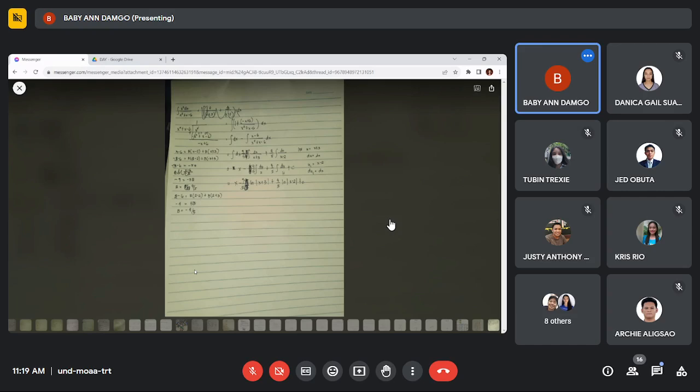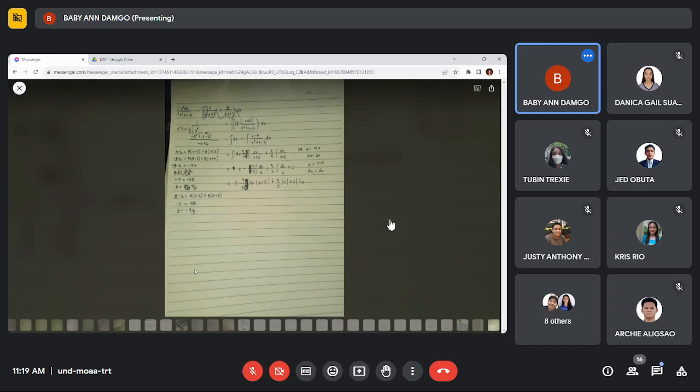So when x is equal to 2, para ma-zero niyang a, it implies that 2 minus 6 is equal to a times 2 minus 2 plus b times 2 plus 3. So this is negative 4, which is equal to 5b. So it implies that our b here is equal to negative 4 over 5.